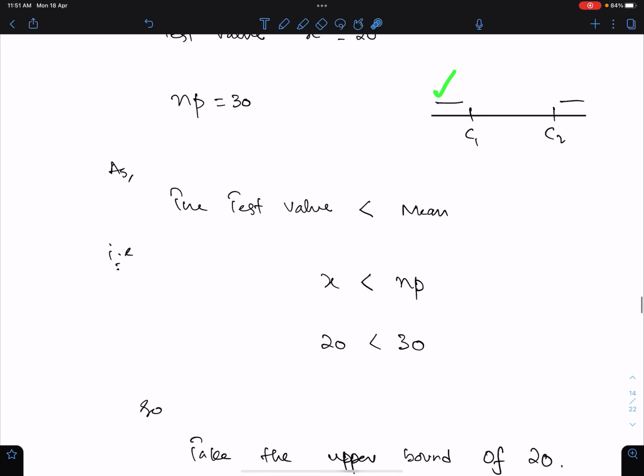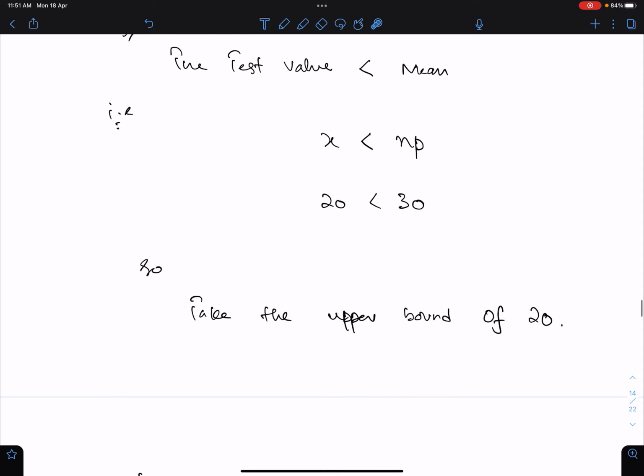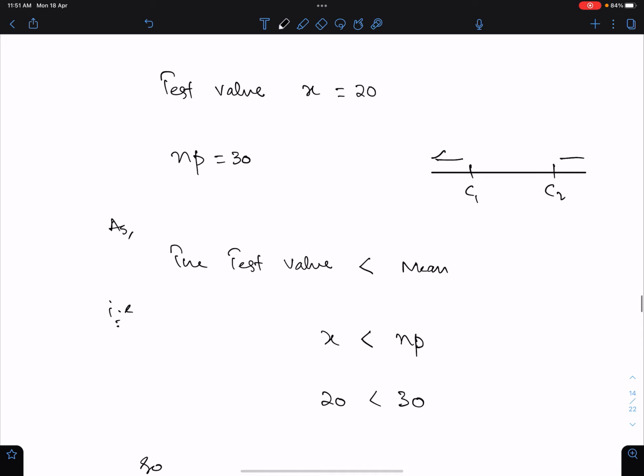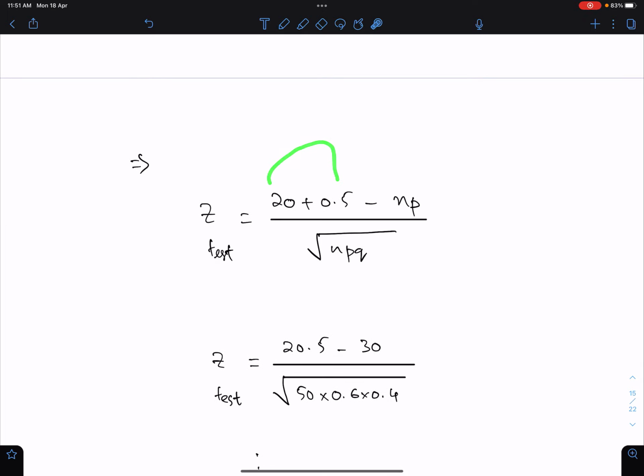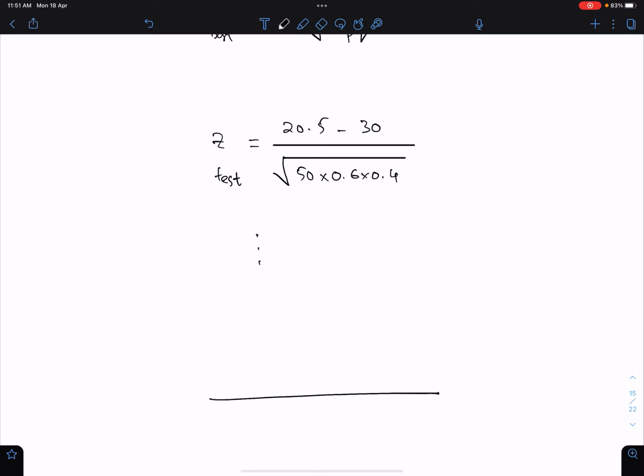And for this test, take the upper bound of the test value, because whenever we go in this direction, we take the upper bound. This is the way to do continuity correction here. See, take the upper bound of 20 plus 0.5, because you are going in this direction. So you have to take 20.5.